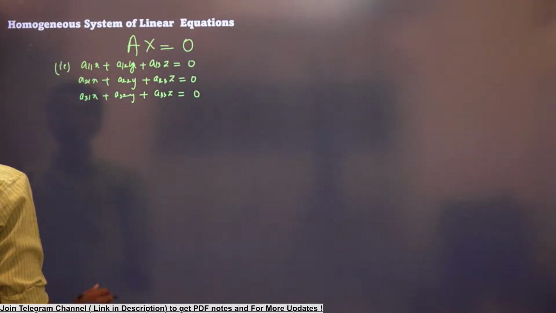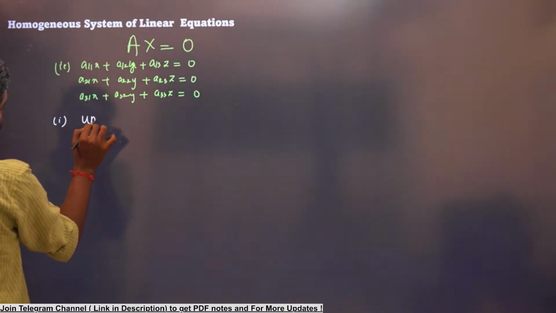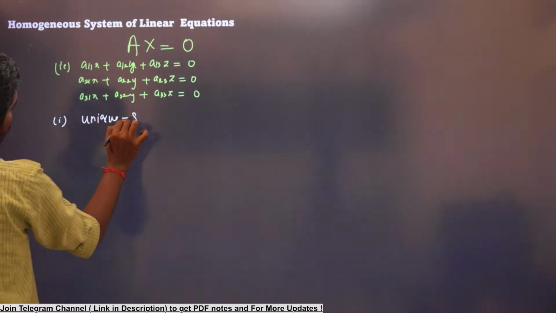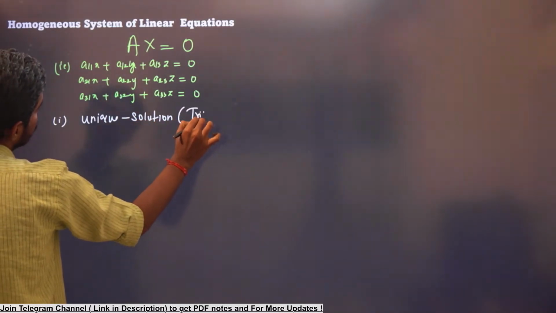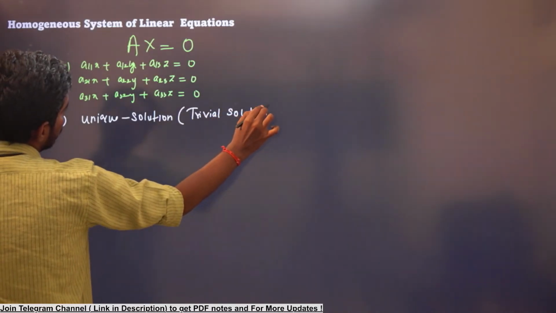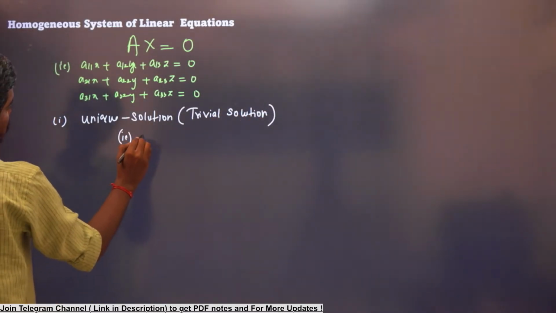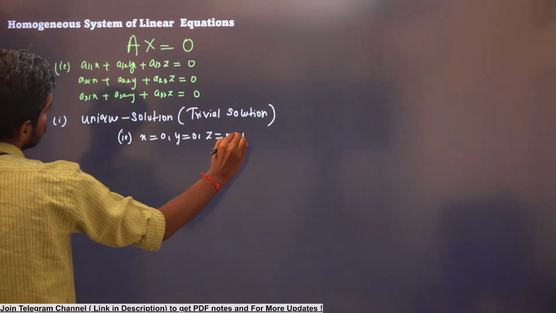Here you will have only two types of solutions. The first type is the unique solution, which is also called the trivial solution. That is, x is equal to 0, y is equal to 0, z is equal to 0.